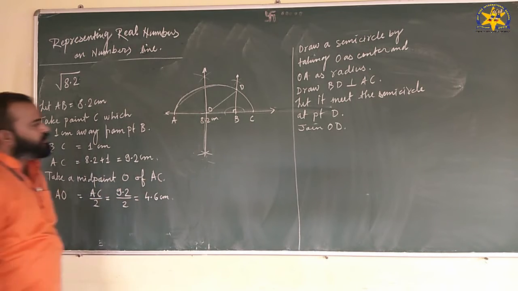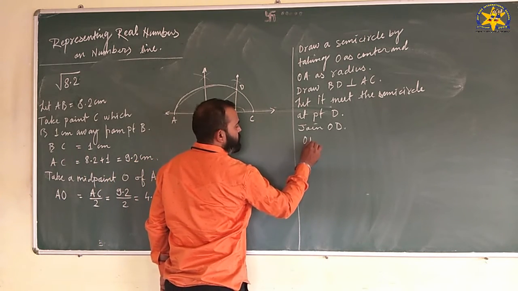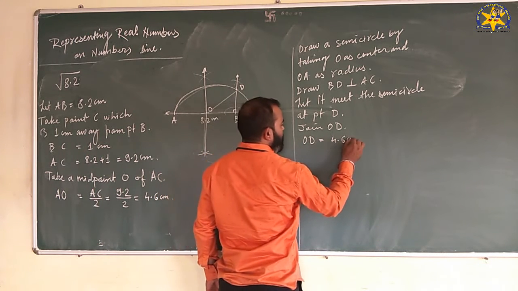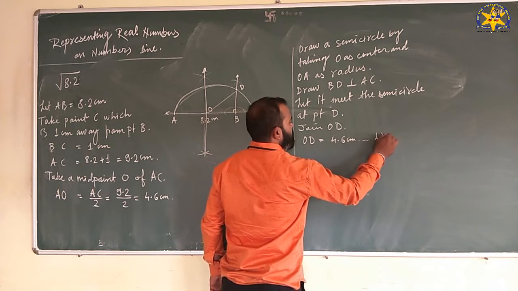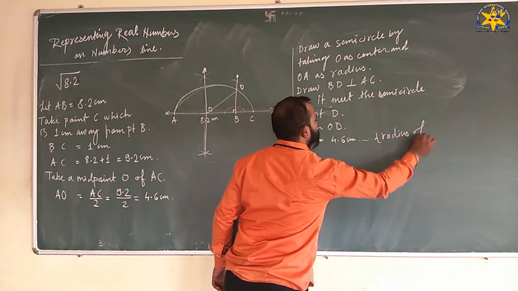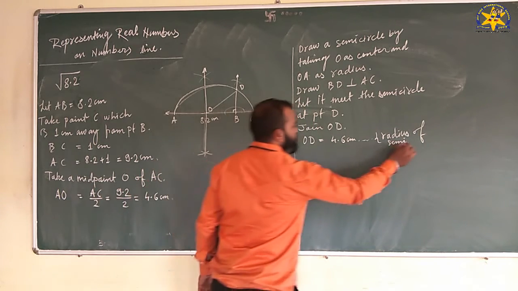AO is 4.6. So OD will also be equal to 4.6 centimeter. Reason: radius of semicircle. Okay.